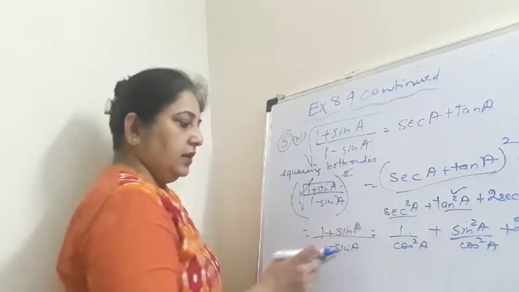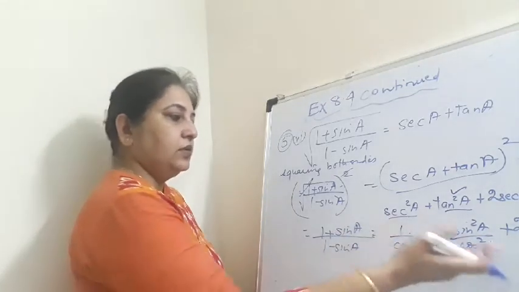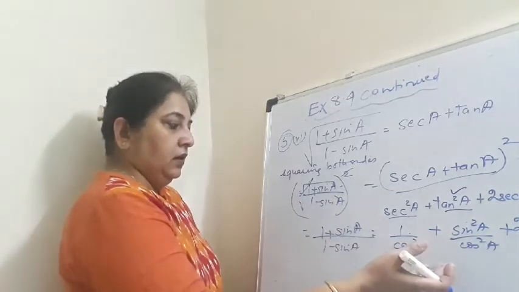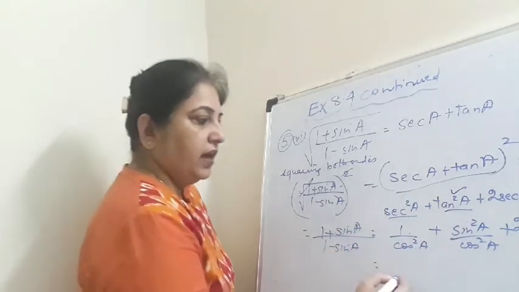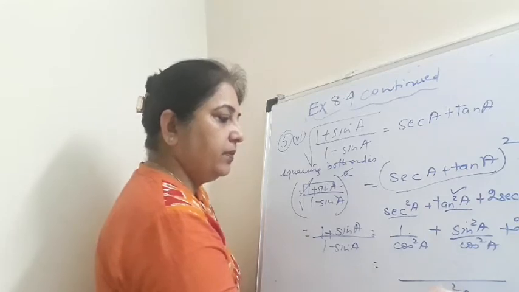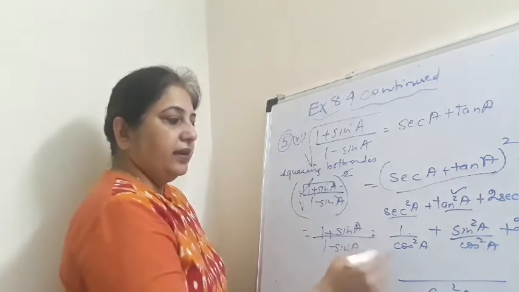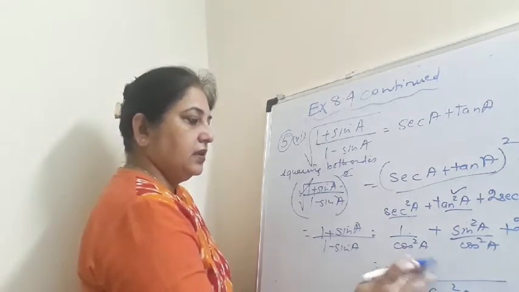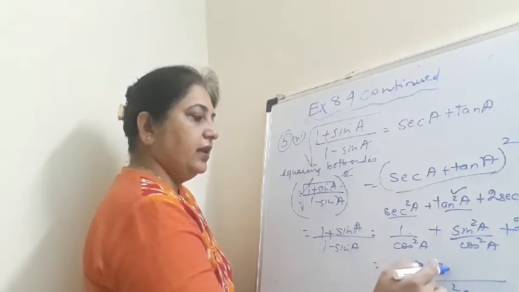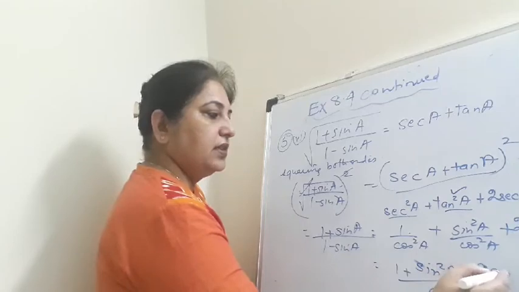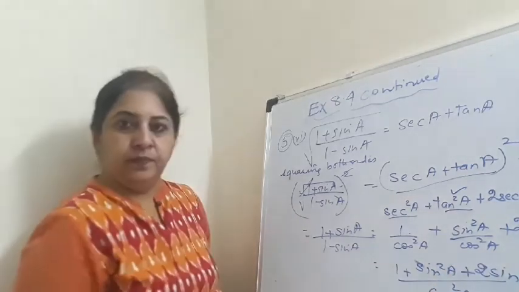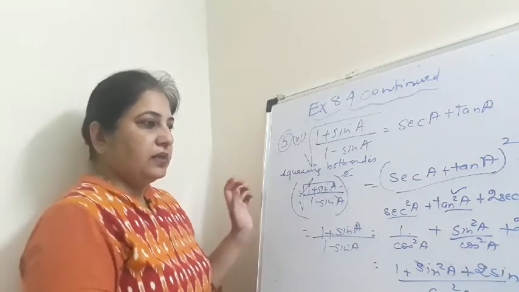Because I want to convert the right hand side in terms of sine A. So I now take the LCM as cos square A, and here I get 1 plus sine square A plus 2 sine A.